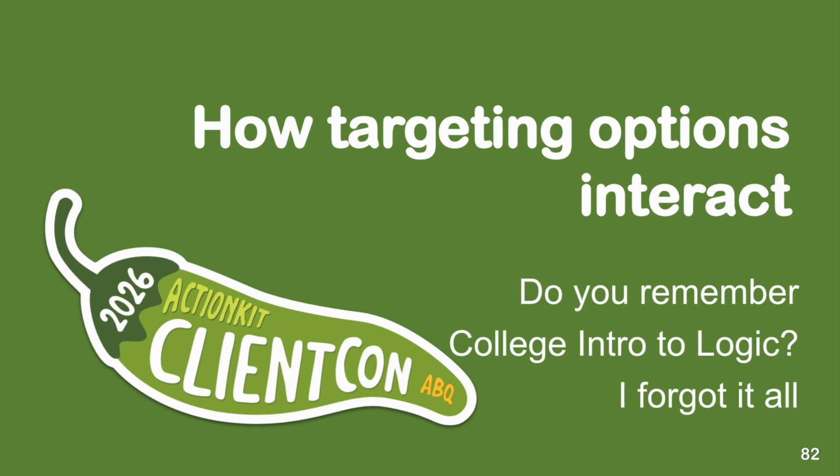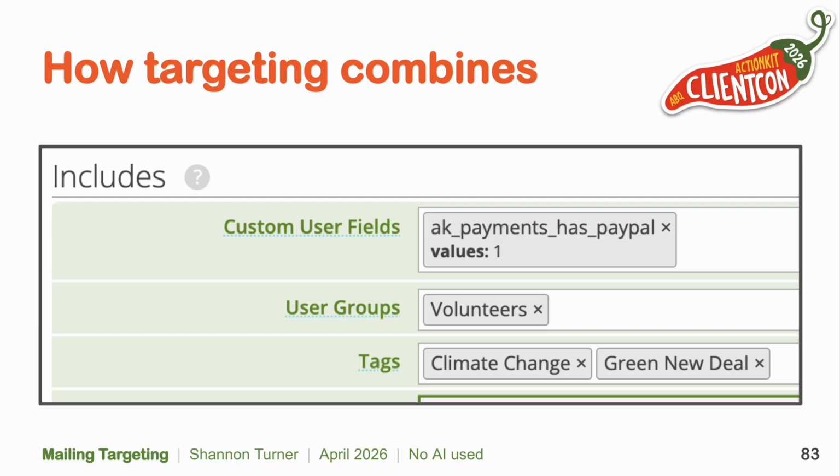Next up, we're going to look at how these different targeting options interact. Because so far, we've only really talked about how targeting options combine within a single option. So we probably remember from earlier that if a user has either the tag climate change or the tag Green New Deal, they'll be included in this targeting.